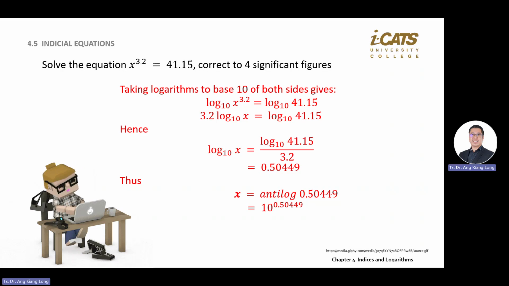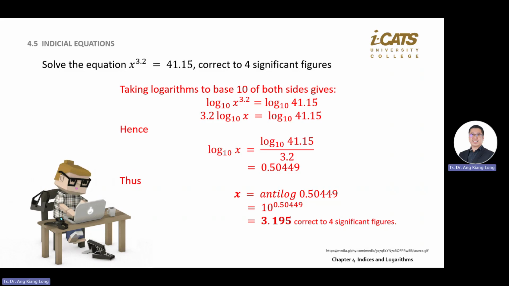So this is a recall of your indexes section. Also this chapter, I think chapter 4 also, early lecture. Yeah. So the final answer is 3 point something in 4 significant figures, not 3 decimal place, not 4 decimal place.